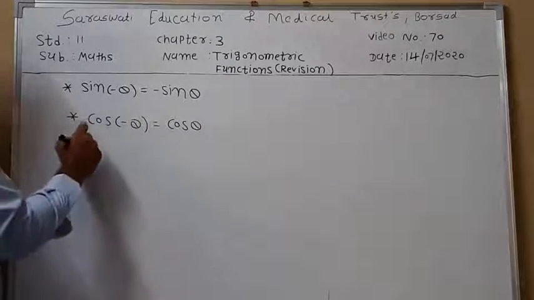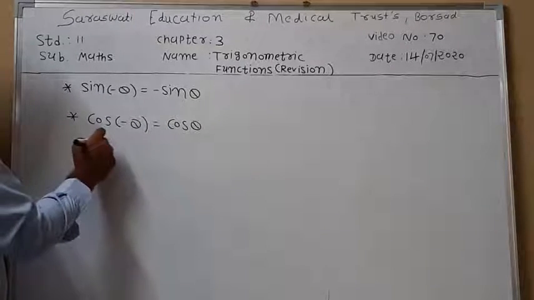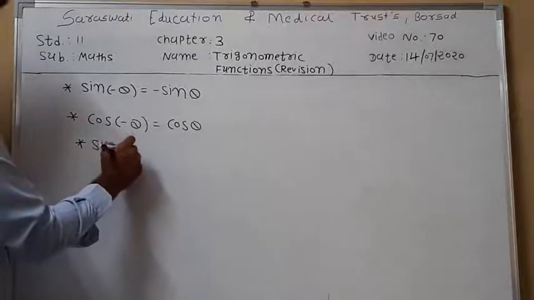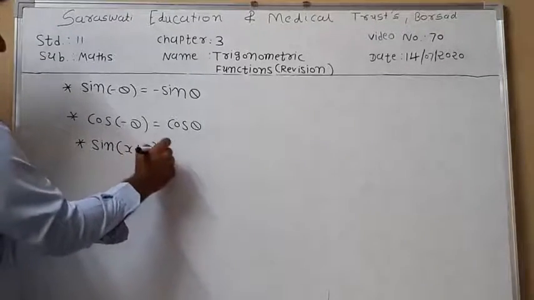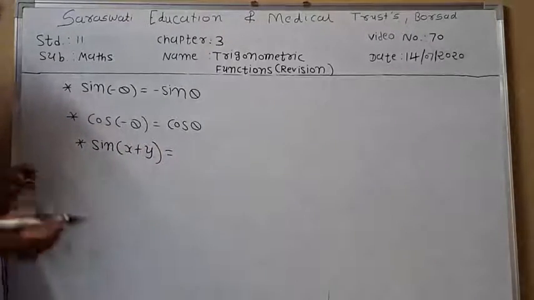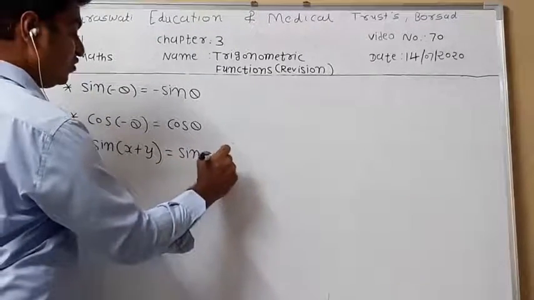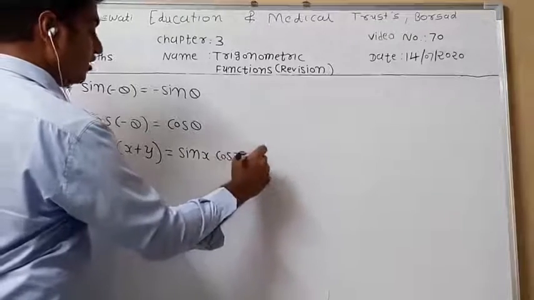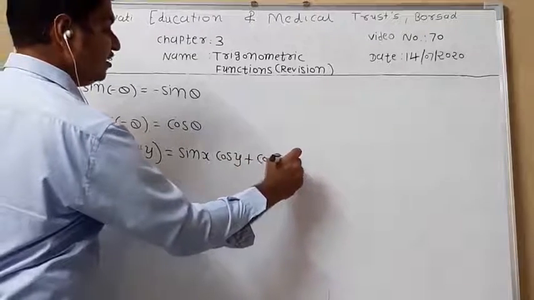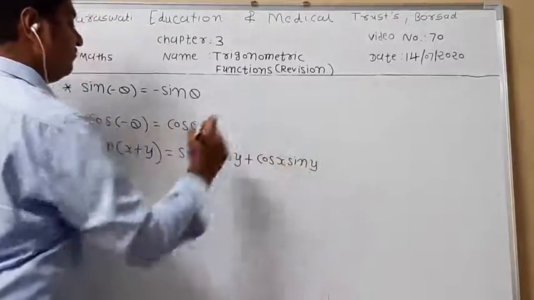Now sin of (x plus y) is equal to sin x into cos y plus cos x into sin y.